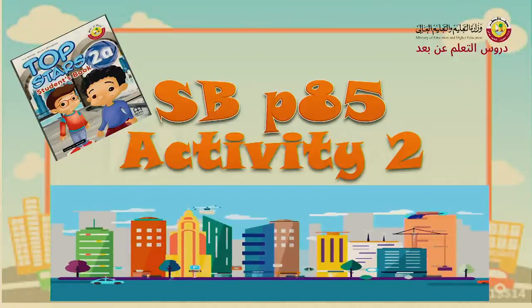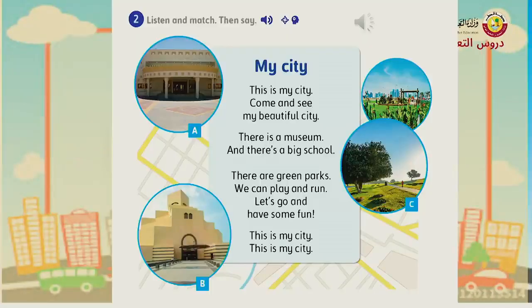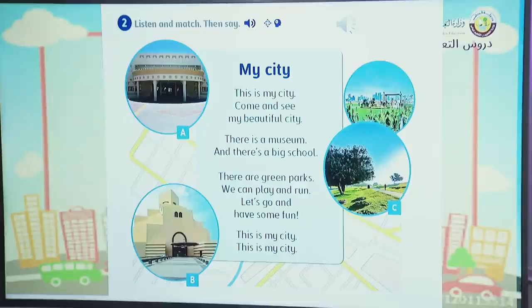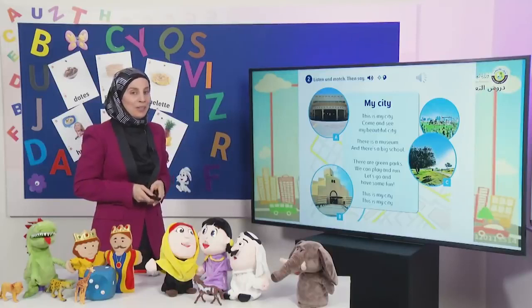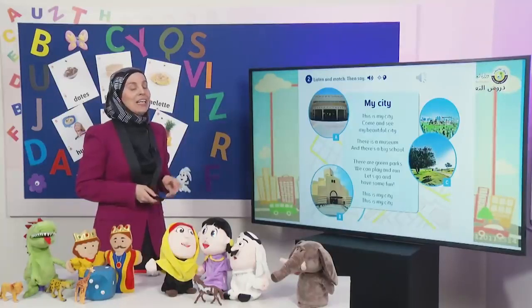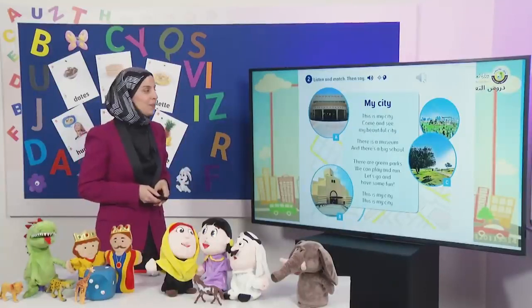Have you opened your student's book? Okay. Now my students, here's the song. Now I want you to listen and match, then say. Are you ready? Okay, let's listen to the song for the second time.